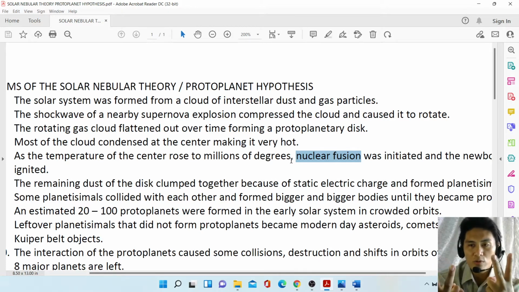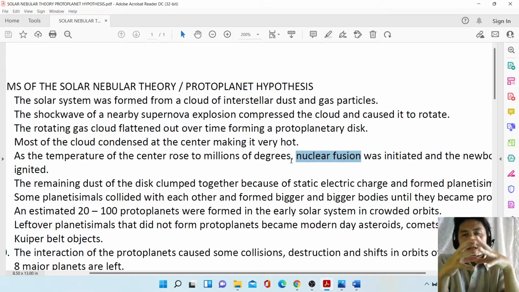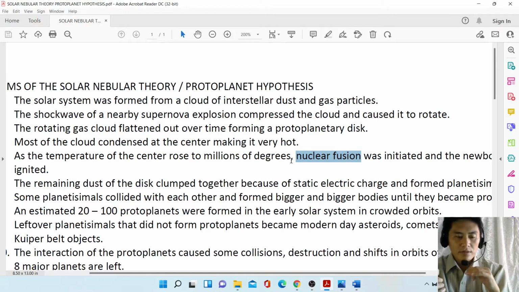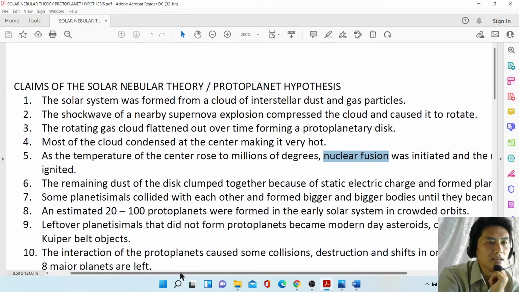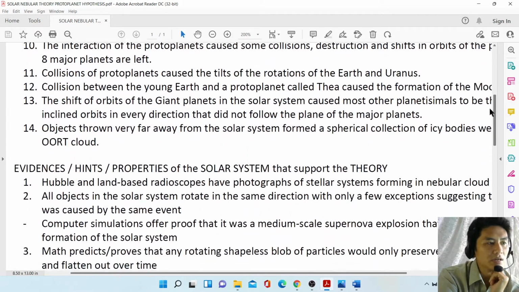So when you have 2 and 2, helium and helium, it becomes boron. When you have 2 and 1, helium and hydrogen, it becomes lithium. That's how you build up the elements of the periodic table, from hydrogen to helium, boron, oxygen, until it becomes iron. Okay, but let's read what the evidence posted here is.